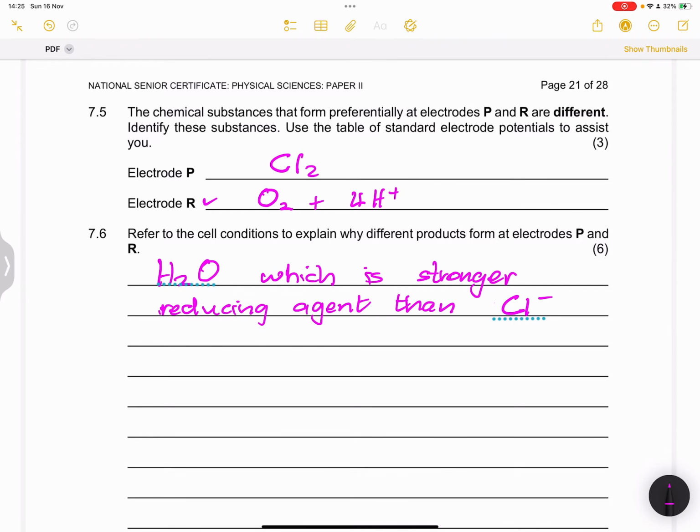So it is a stronger reducing agent than the chloride ion. Therefore, it will undergo oxidation. Okay, right. And this is in relation to what happens at R, and that's why we had that reaction taking place.